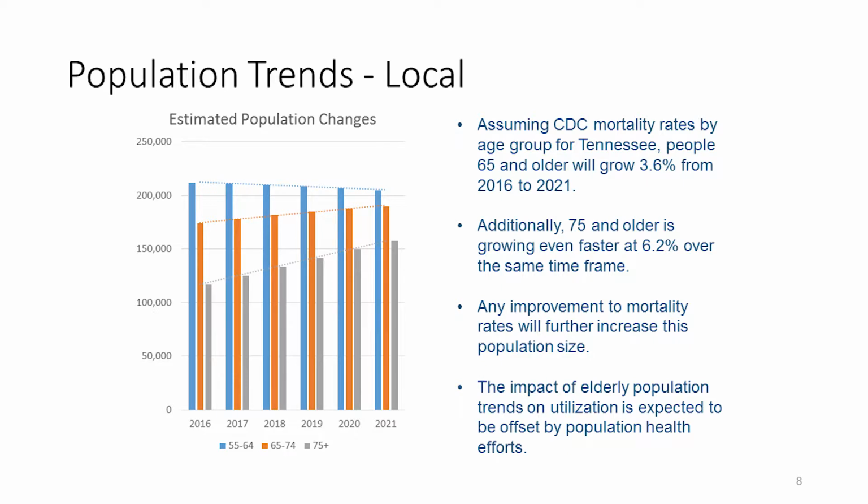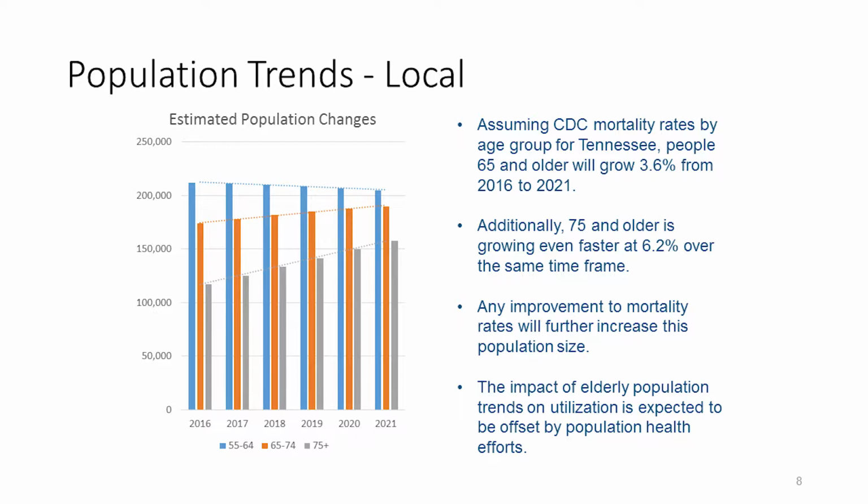So looking at population trends, and this is specific to Northeast Tennessee and Southwest Virginia, estimated population changes are showing really a lot of what the last slide showed, but even more in this area, that our population continues to increase at a higher level. So assuming the CDC mortality rates by age group, people 65 and older will grow 3.6% over a 5-year period.